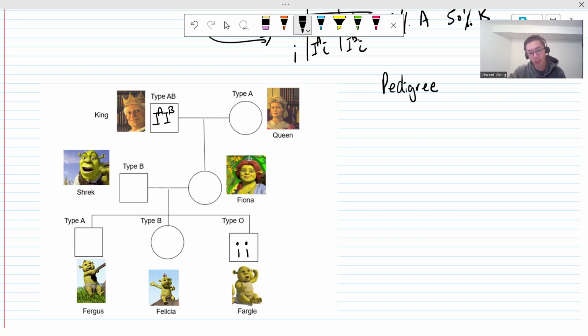Those are the only individuals that we can be certain about their blood type. For everyone else, we can write out half of it. The queen is IA, but I don't know if she's homozygous IAIA or heterozygous IA little i. So I'm just going to write half of it for everyone else.